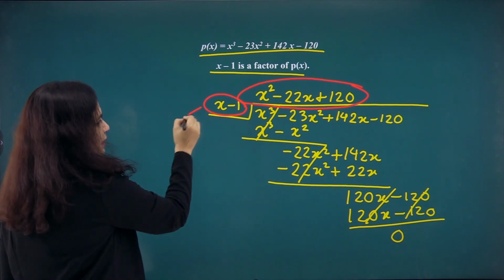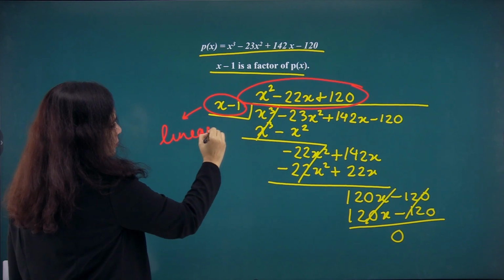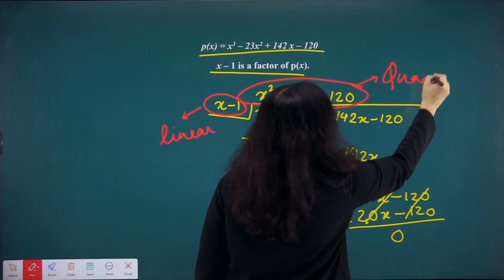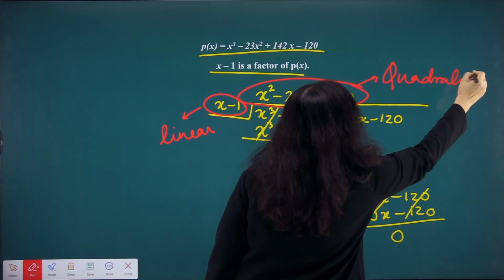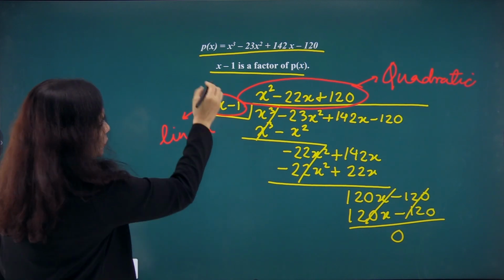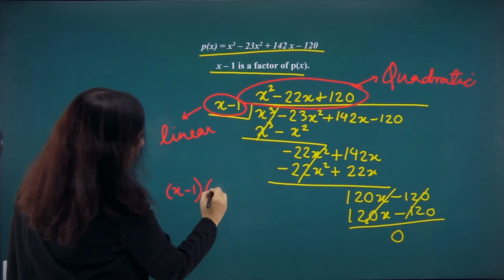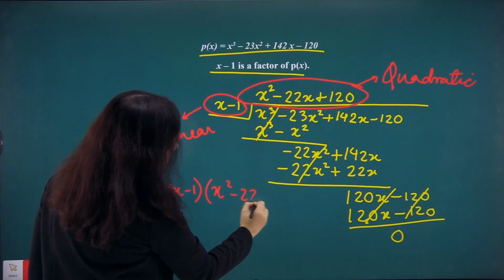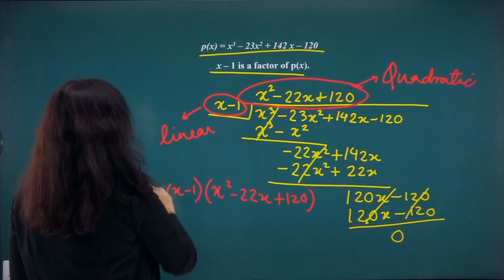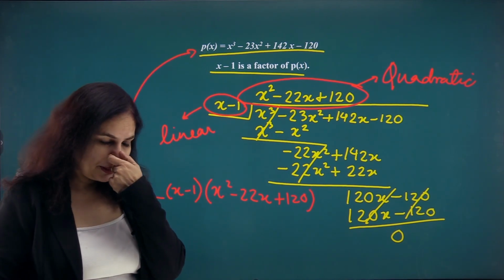So, this is my first factor, which is a linear polynomial, and this is my quadratic polynomial, and both of them when multiplied, x minus 1 into x square minus 22x plus 120, will give me this cubic polynomial Px.